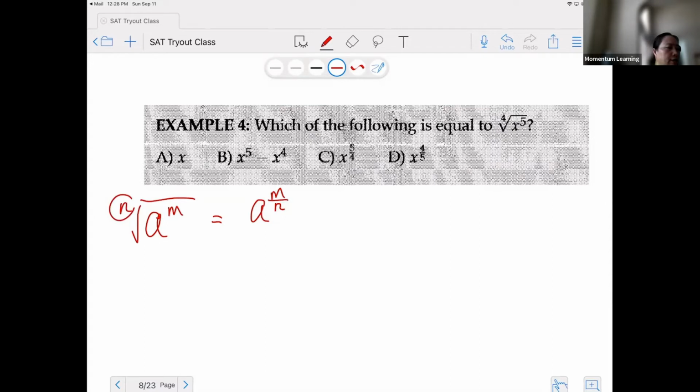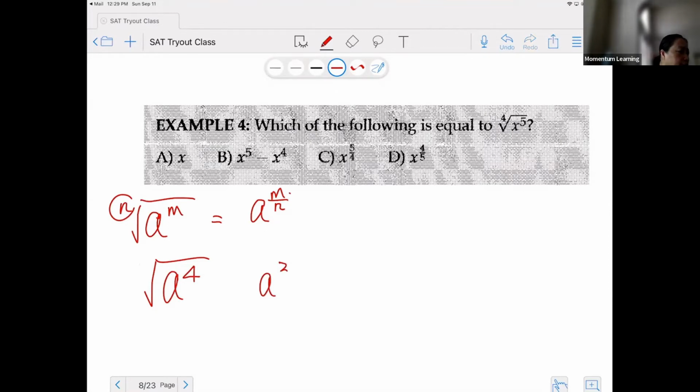And you can do a quick deduction. If you say, I don't know whether m is on the top or on the bottom, you can do a very quick check. For example, square root of a to the 4. When you have nothing here, that means it's the square root. We do not write it here. So I know the square root of a to the 4 is actually a squared.